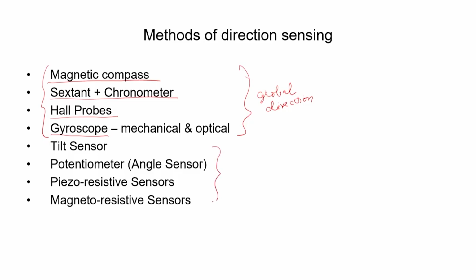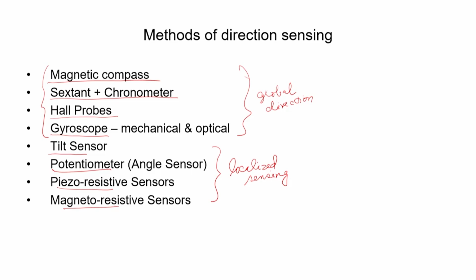For these localized sensing, there are again 3 to 4 sensors, like tilt sensor, potentiometer, piezoresistive sensor and magnetoresistive sensors. We will look into all these things, particularly some of the most important ones.